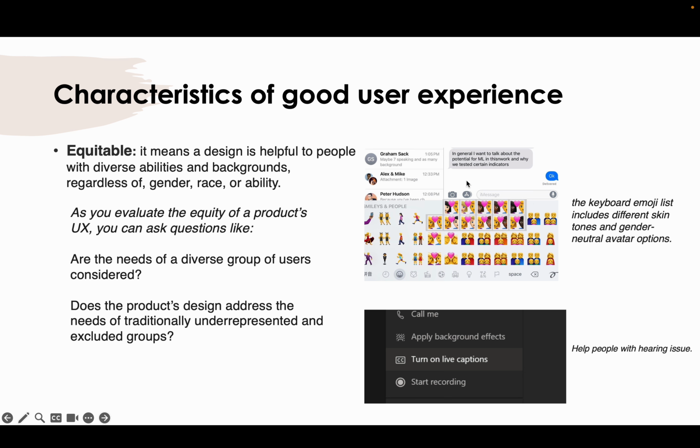So let's take these emojis as examples. The keyboard emoji listed here includes different skin tones and gender-neutral options, which people from different backgrounds, genders, and races can pick the one they prefer. So that's an example of an inclusive design, and it's an equitable design.